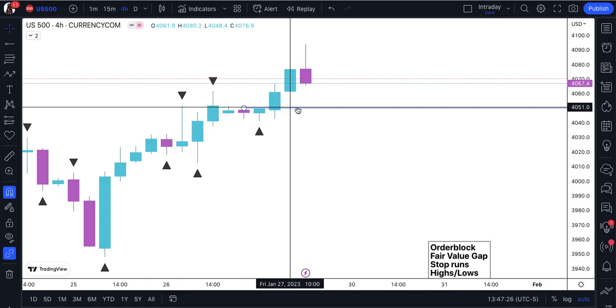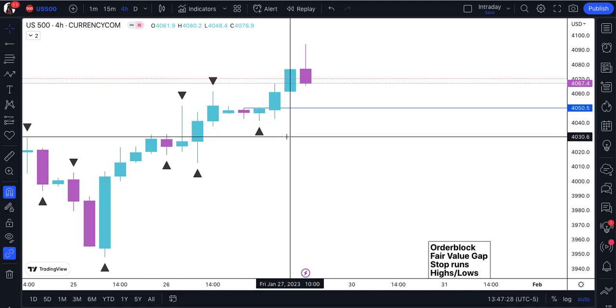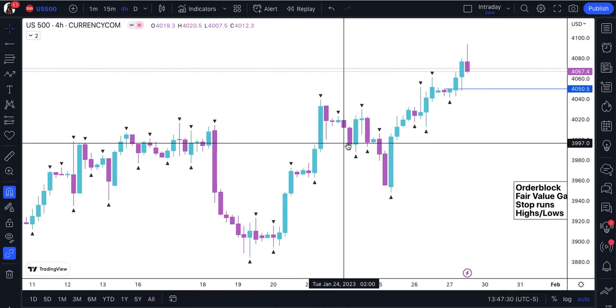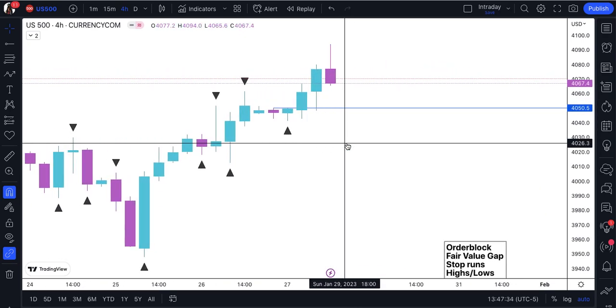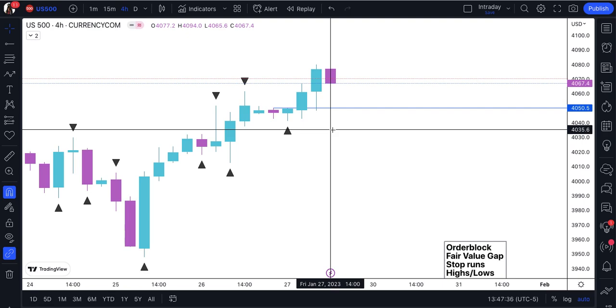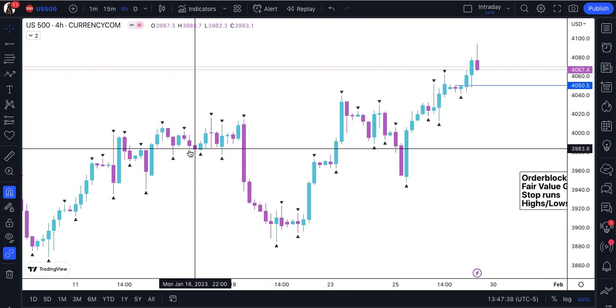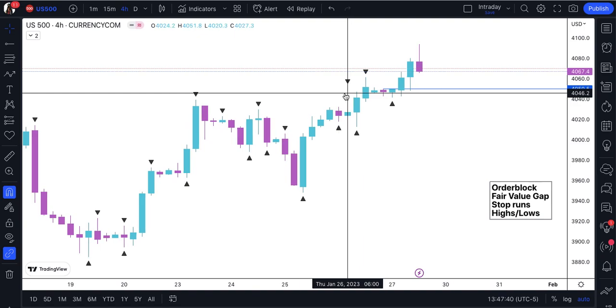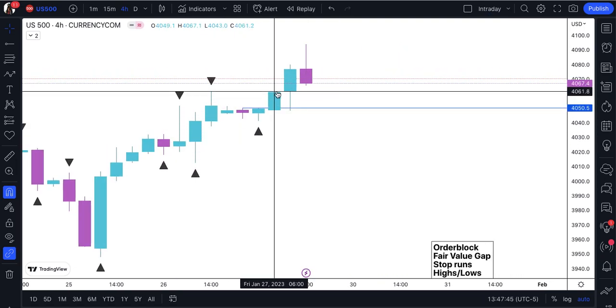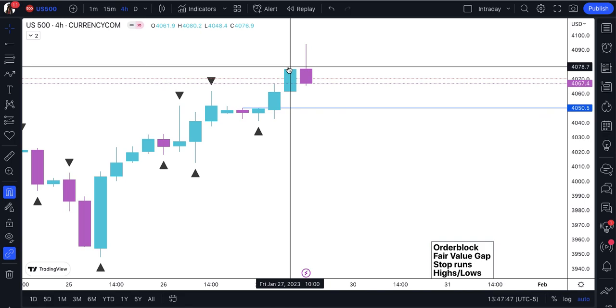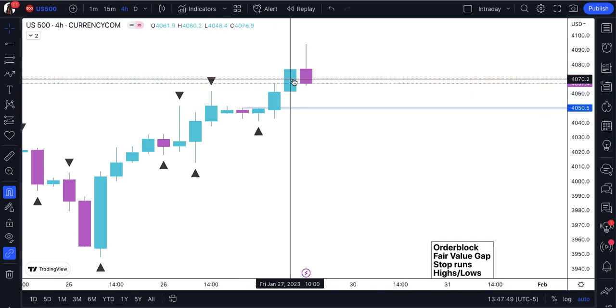That's what I mean by price is fractal. The same thing happens on all the time frames. It's the same structure. Which is why it makes sense to trade with higher time frames using lower time frames to get in.